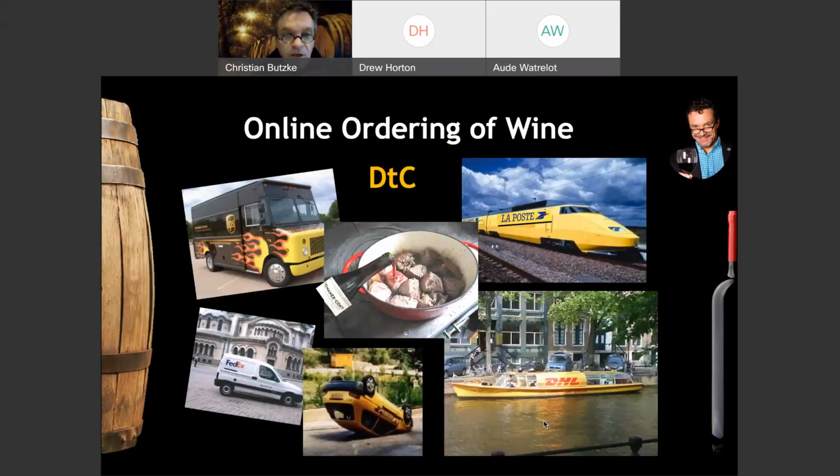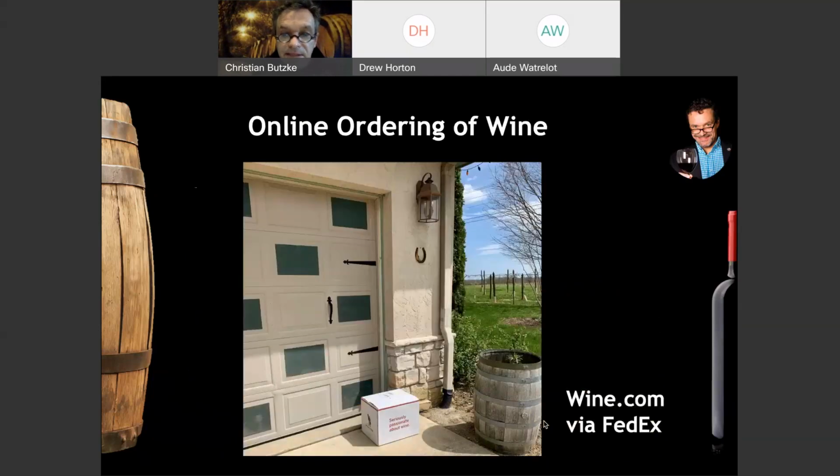I'm always struck when I look at the amount of online ordering of wine now, how wine is shipped. And it is indeed shipped without exception practically in unrefrigerated trucks, like a UPS truck or FedEx truck here, that sits on the road for 12, 14, 16 hours with your wine in it. That's an example here of a case of wine from wine.com that I ordered earlier this year.